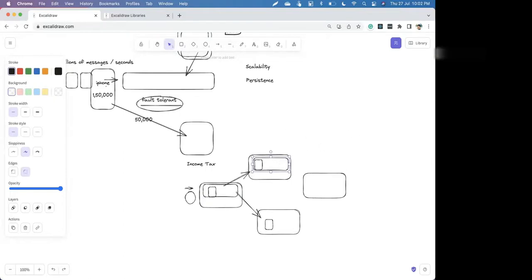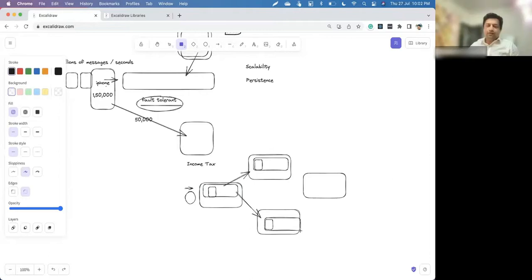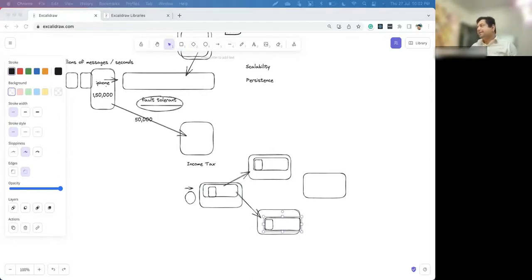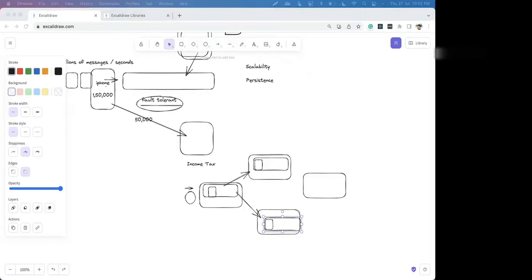Tarun, how many classes are left? We have around, I believe, Saturday and, yeah, there should be 3 classes left after this class.